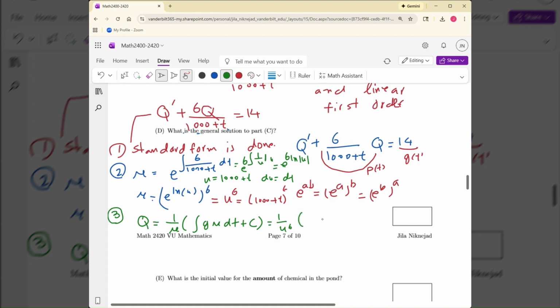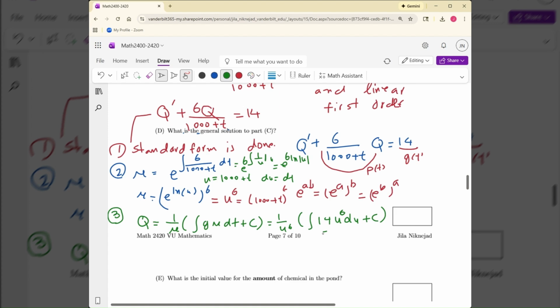And then over here, what we get is the integral, g of t is 14, so 14 u to power 6. du was just dt, so I keep it like that.